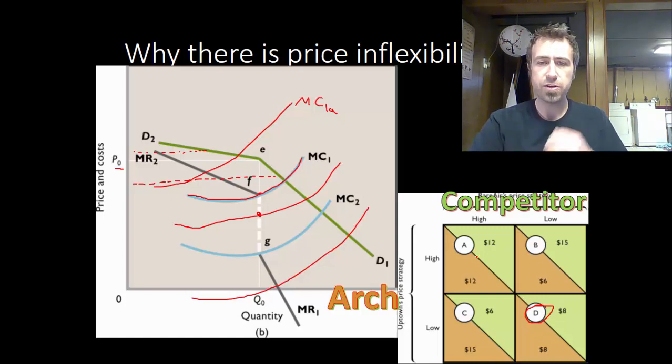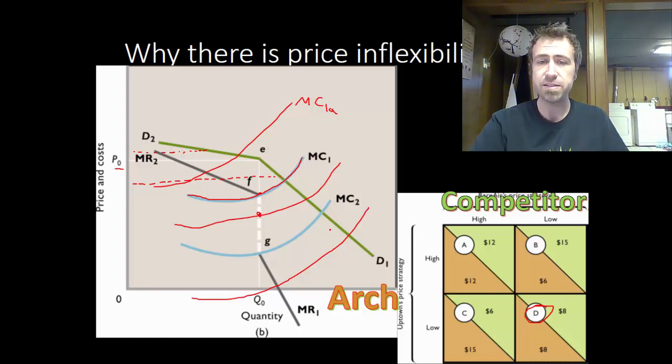So anyway, there's a lot of incentive to lower prices instead of raise them. And so what keeps people from lowering prices even lower than MC2? Well, again, if you're in the inelastic demand curve and you lower them below that, then you're more likely to lose total revenue.